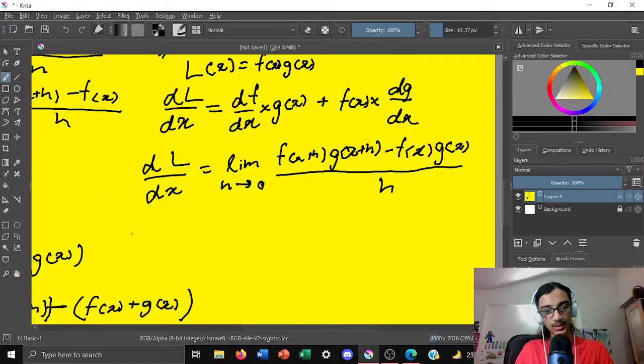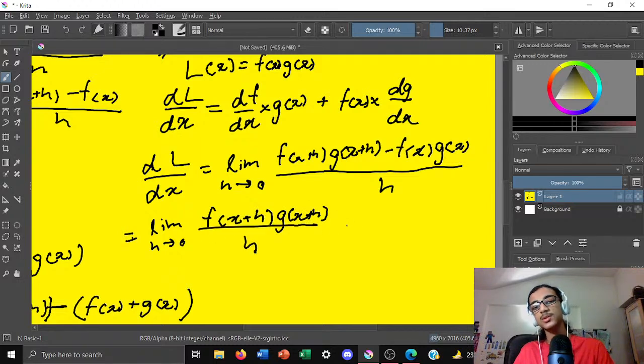So this is just going to be equal to the limit as h approaches 0 of f of x plus h, g of x plus h, divided by h.